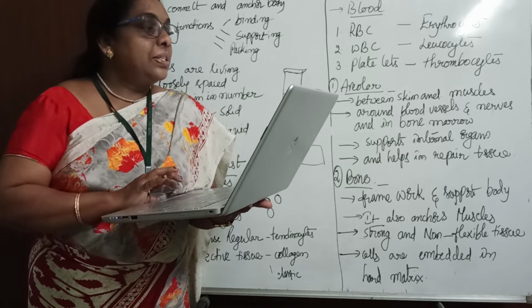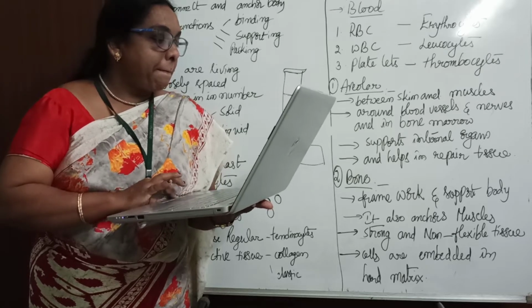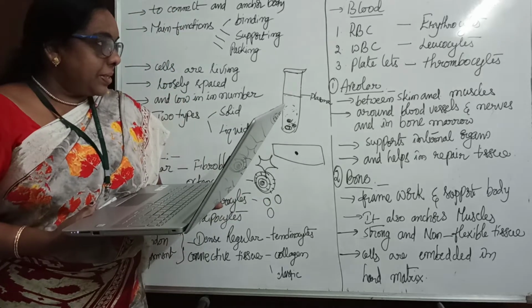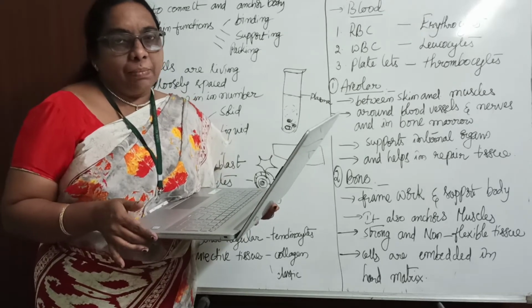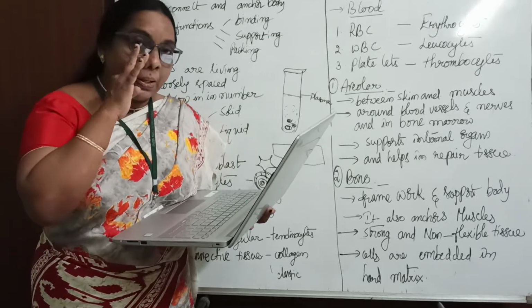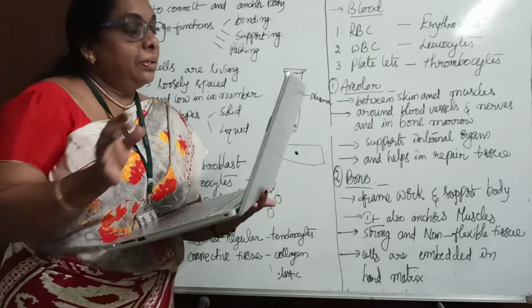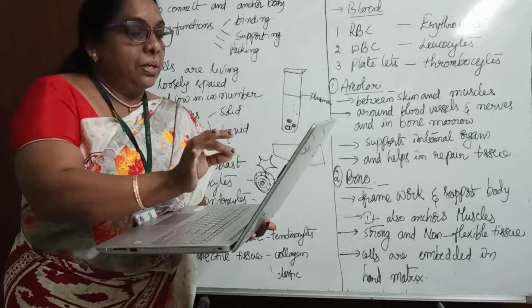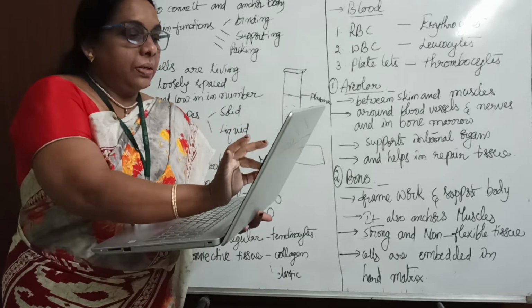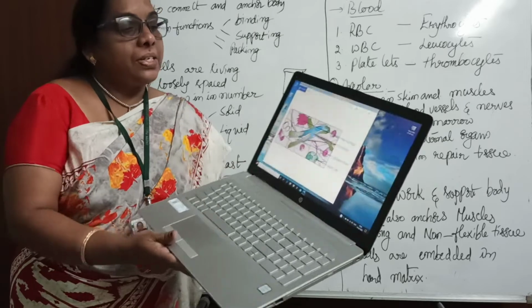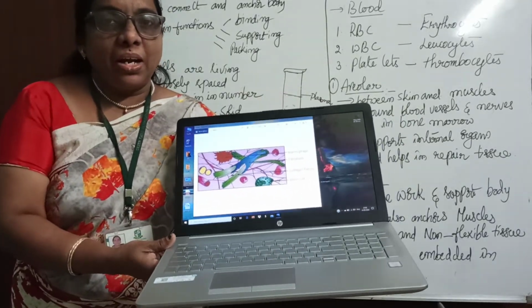It is present between the skin and the muscles, as I said, and also around other structures. See, children, if you observe this particular tissue, we say this is an areolar tissue.